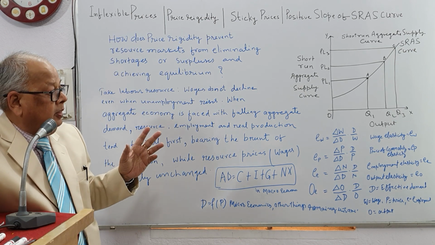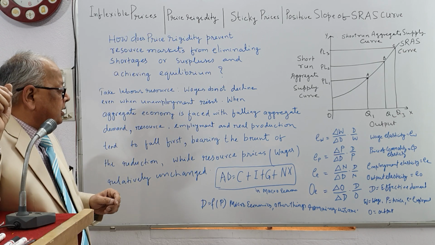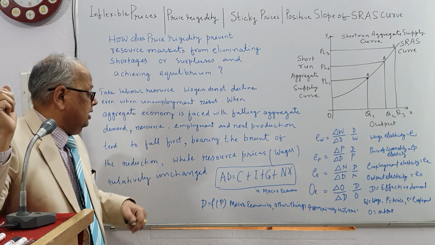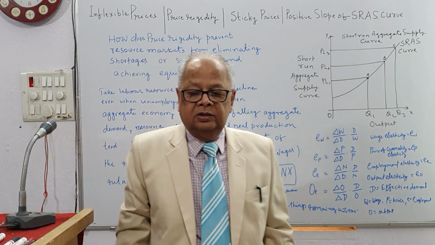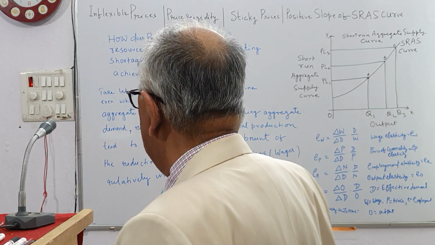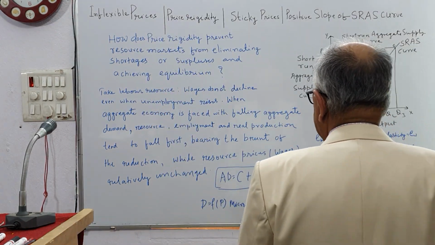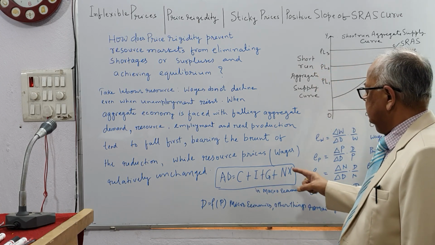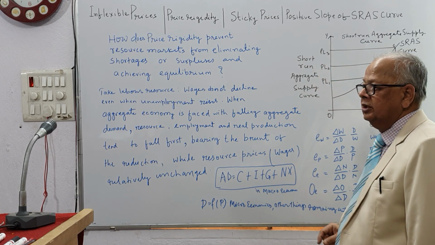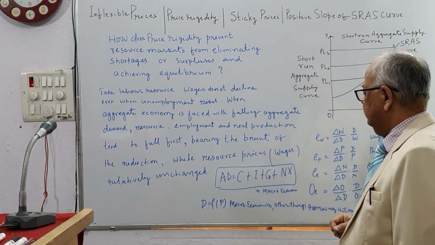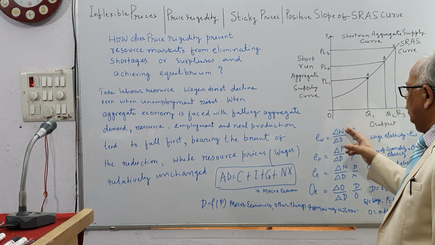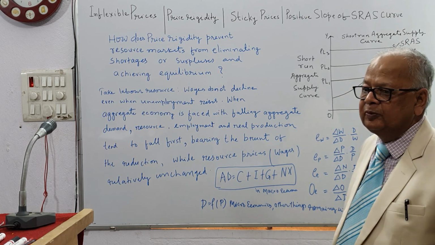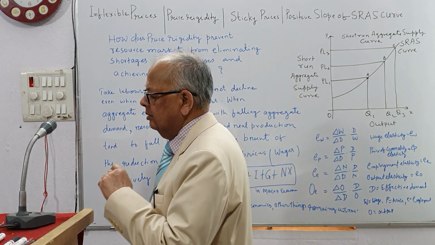There will be difficulty because these resource prices remain relatively unchanged, because in the economy aggregate demand is related to consumption, investment, government expenditure and net export, that means export minus import, and therefore all these elasticities are related to price. This price is calculated by index number.